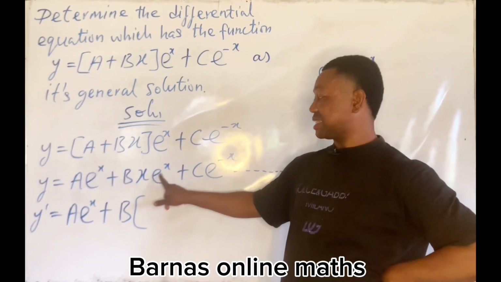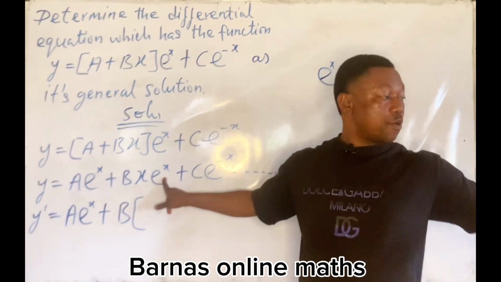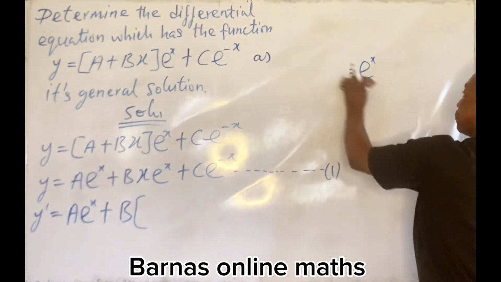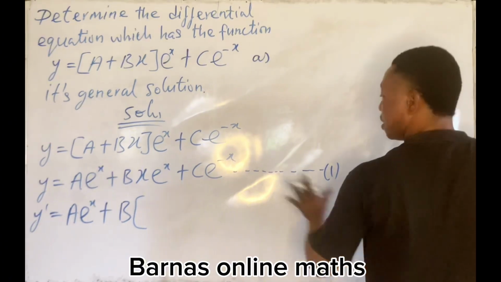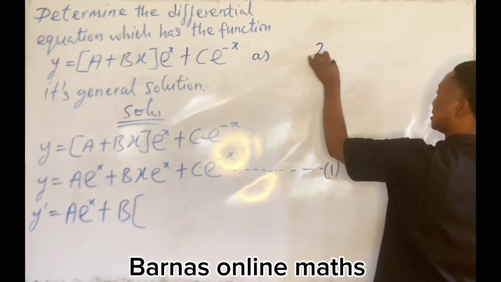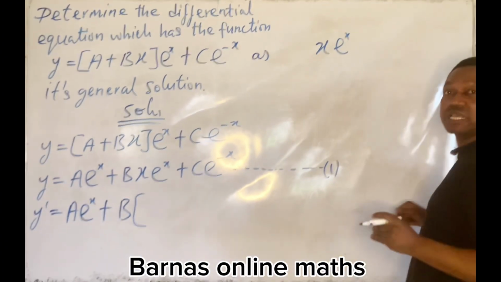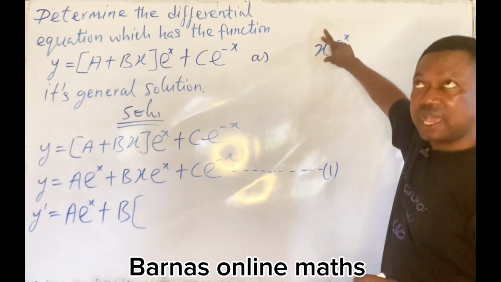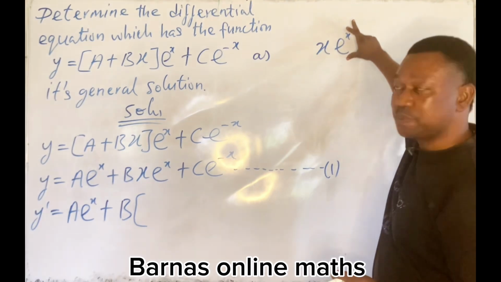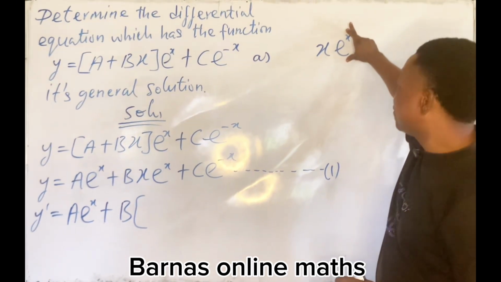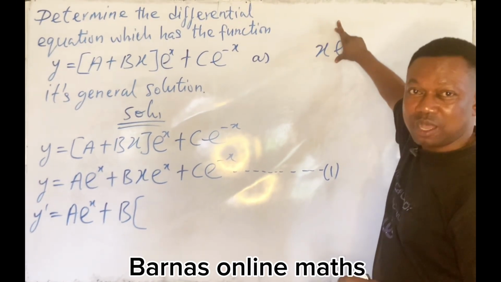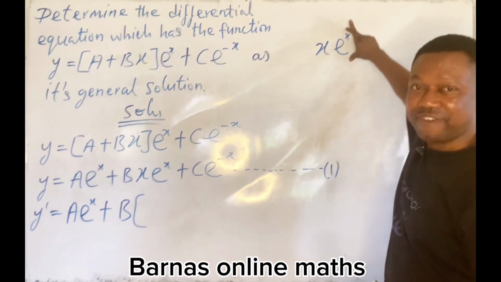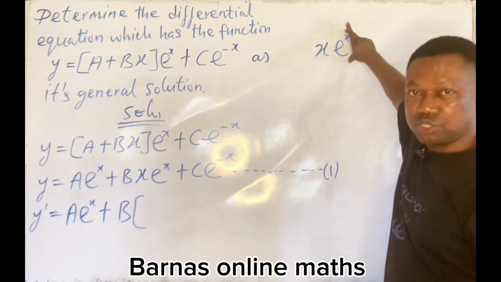We have to differentiate x e to the power x. Of course, the first function in the product is x, and the second one is an exponential function. This is a function of x, and this is also a function of x, so we apply the product rule.